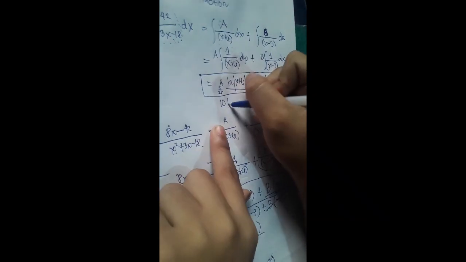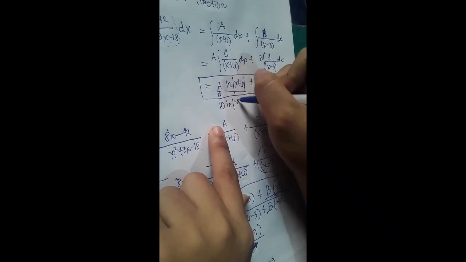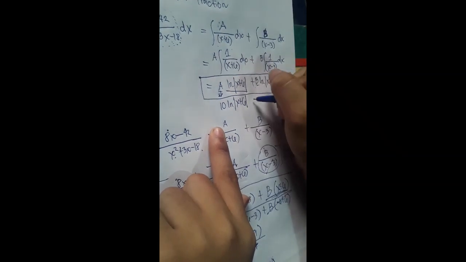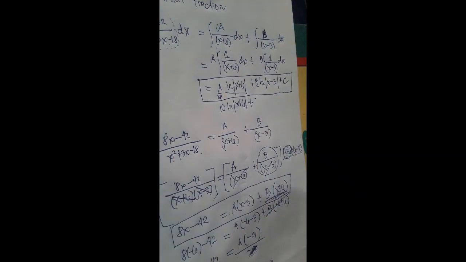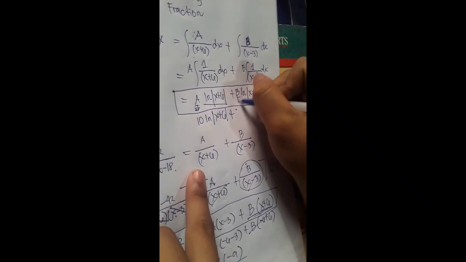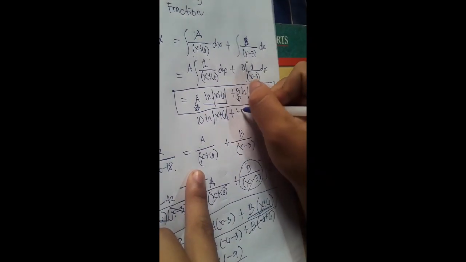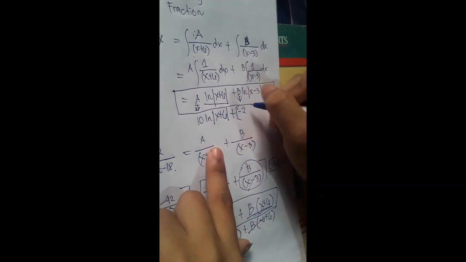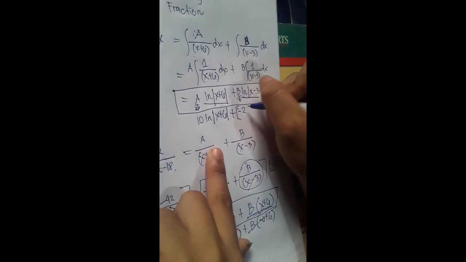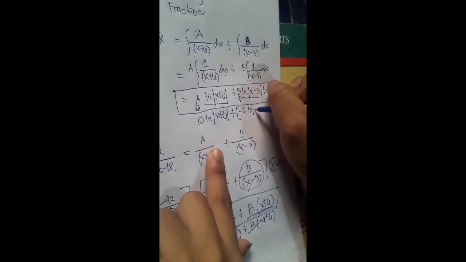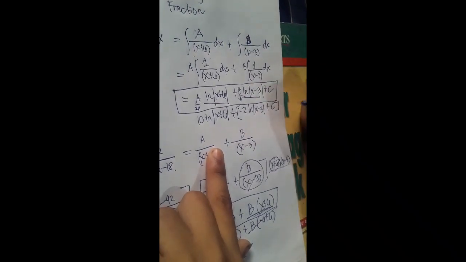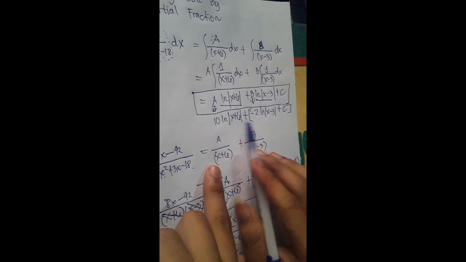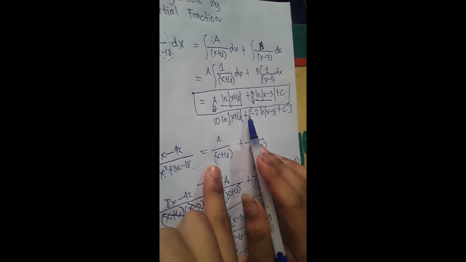Copy this one, ln of the absolute value of x plus 6, plus b. Our b is negative 2, so we substitute negative 2 here. Copy the ln of the absolute value of x minus 3 plus c. This is not yet the final answer because we can simplify this one.